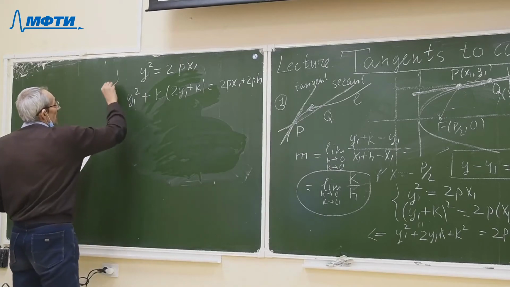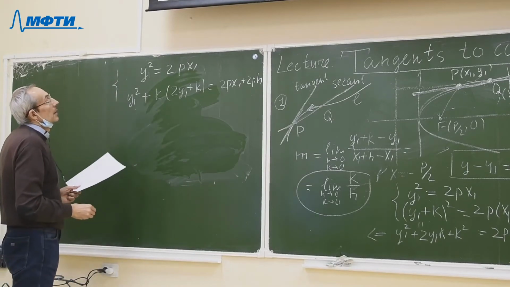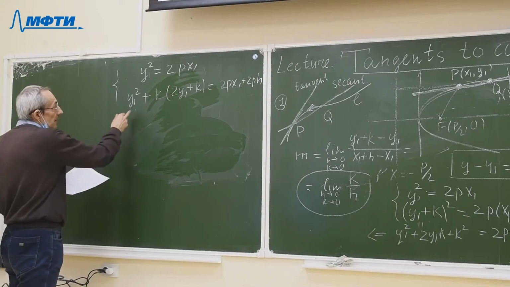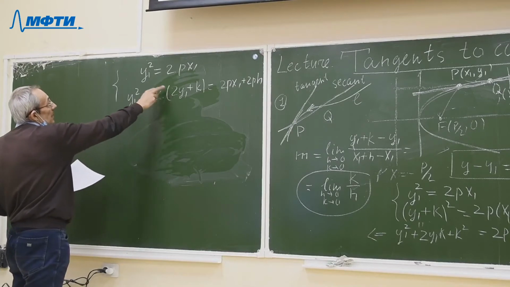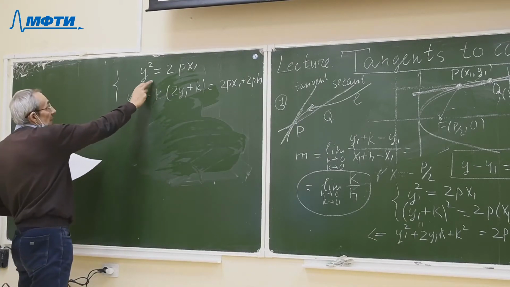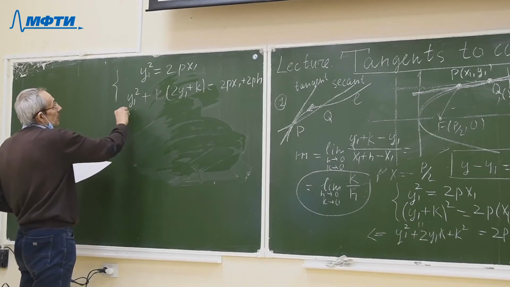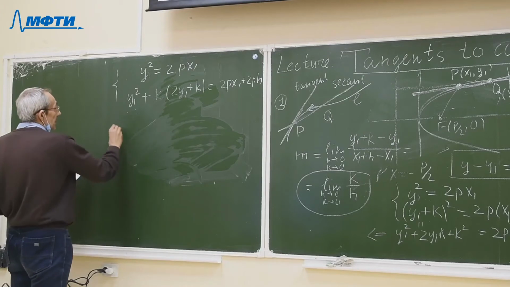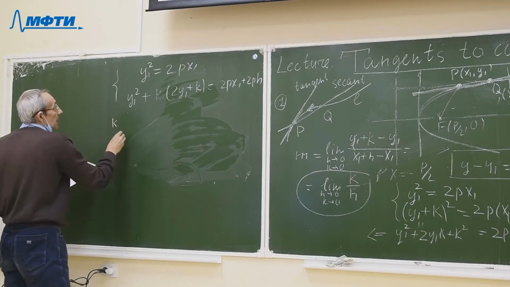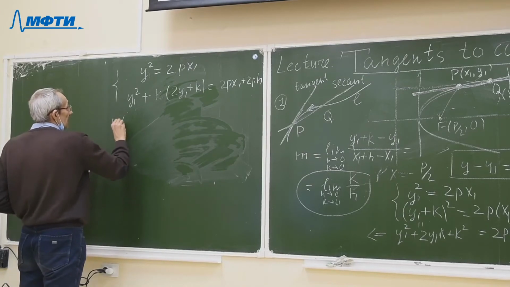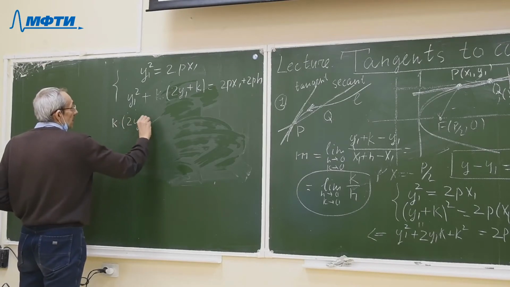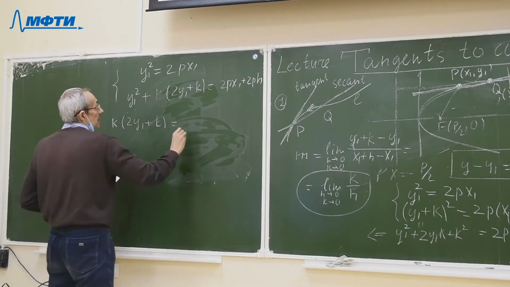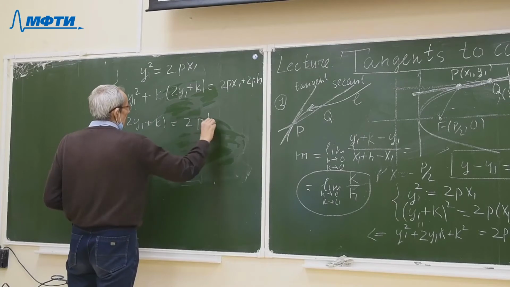And after subtracting the first equation from the second equation, we obtain the following equality: k times (2y1 plus k) is equal to ph.